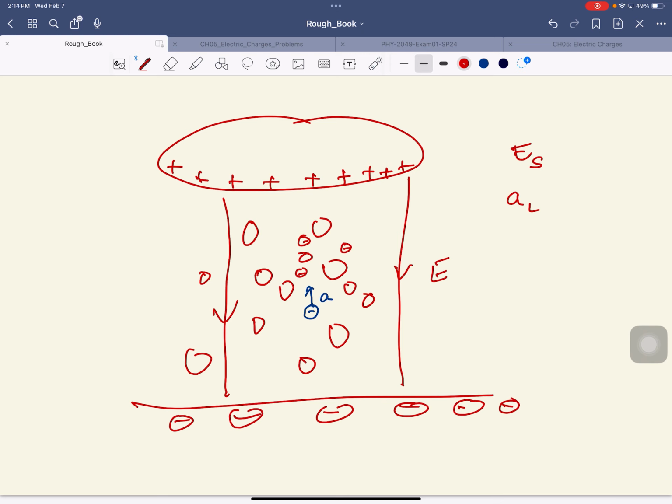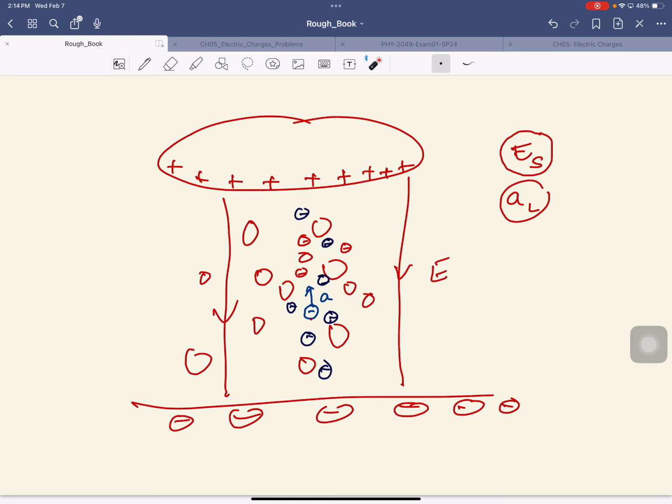So if the electric field is strong enough, it knocks off a bunch of electrons from the air molecules, and now you have a conducting path, and lightning will strike.